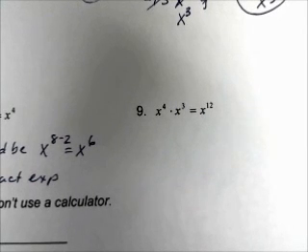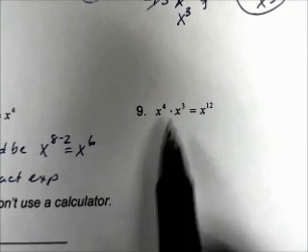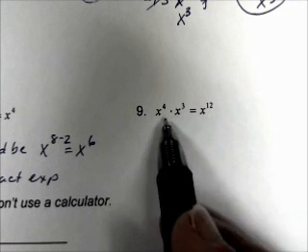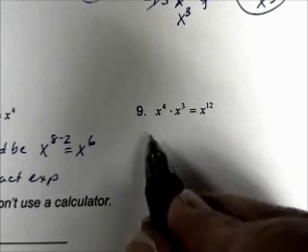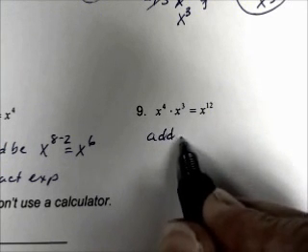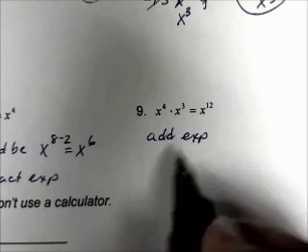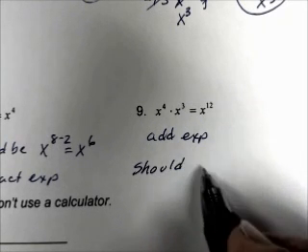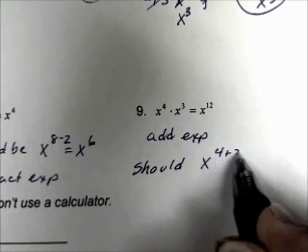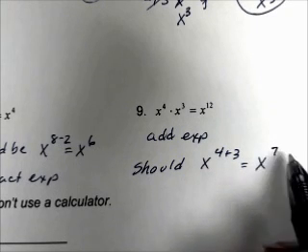Number 9, x to the 4th times x to the 3rd. Keep the base. What do you do? You add the exponents. So it should be x to the 4 plus 3, which is x to the 7th.